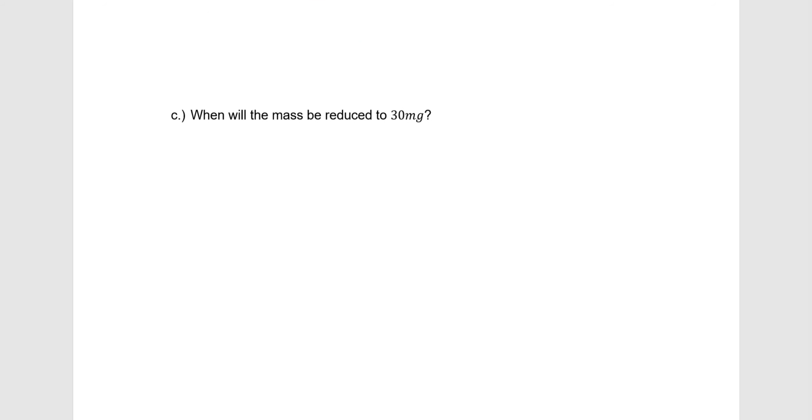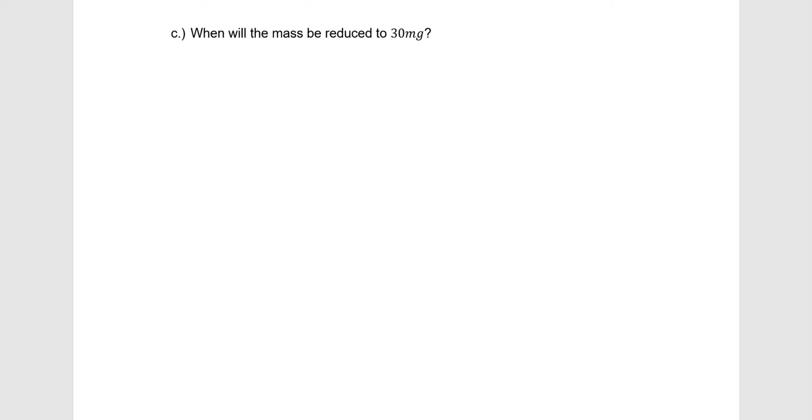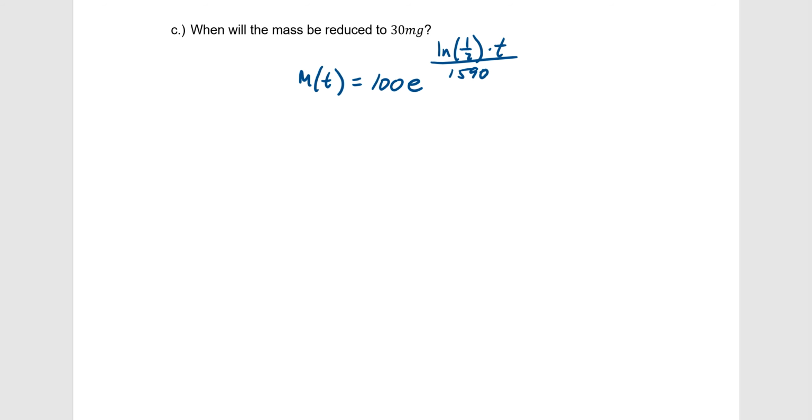Next one, when will the mass be reduced to 30 milligrams? Let's go ahead and write the formula down again. Okay, so we have our formula. Now we're given the mass, and we're looking for the time.